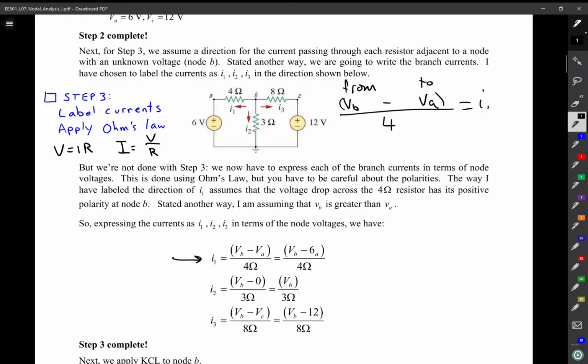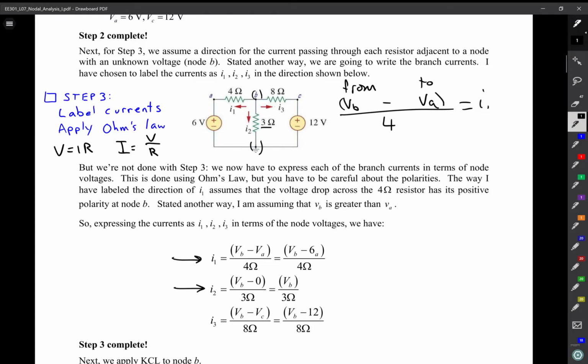Now, I2 is simply equal to the voltage at VB minus the voltage at ground, which is 0, divided by 3 ohms. So here is I2: VB minus 0 divided by 3.